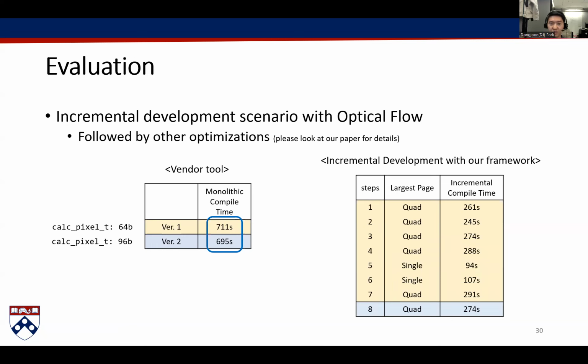If you're interested, please look at our paper for more details. It generally takes 4 to 5 minutes. And if you look at steps 5 and 6, if you're compiling only a single page, it takes 1 or 2 minutes, which is really fast.